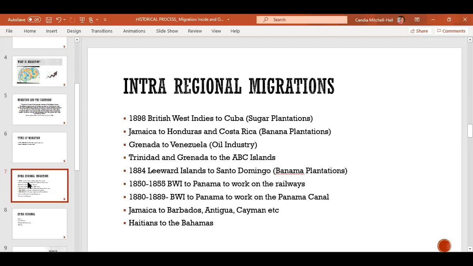And so quite a lot of people from the British West Indies went to Cuba to work on the sugar plantations. Another example is that quite a lot of Jamaicans would have gone to work on the banana plantations in Costa Rica and Honduras. And I'm telling you, a lot of them.